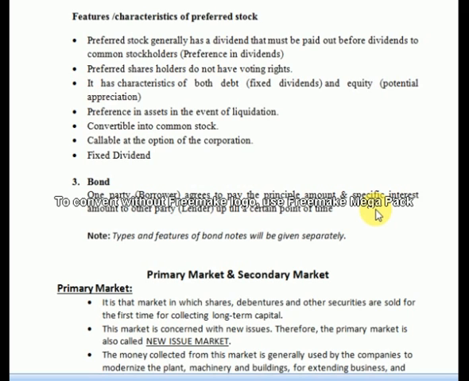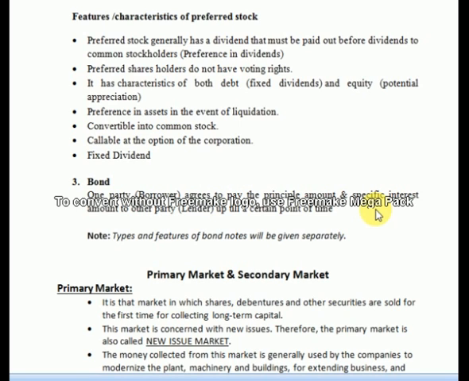So now we will discuss the features and characteristics of the preferred stock, that is, what are the main characteristics of the preferred stock. We can say that this is the general characteristic of the preferred stock.